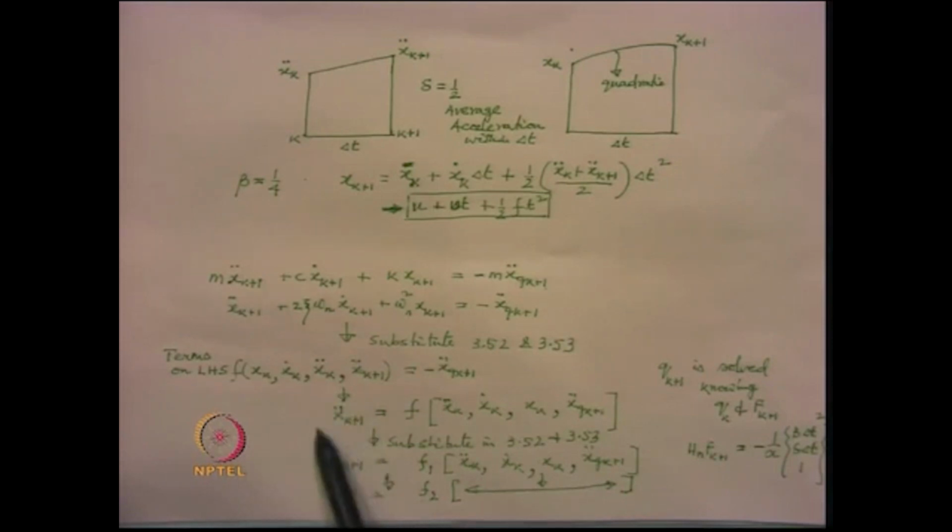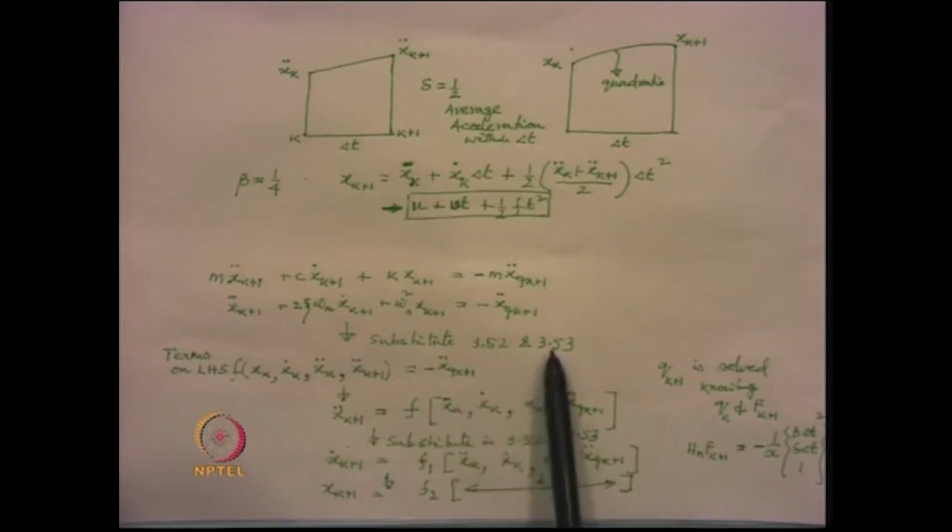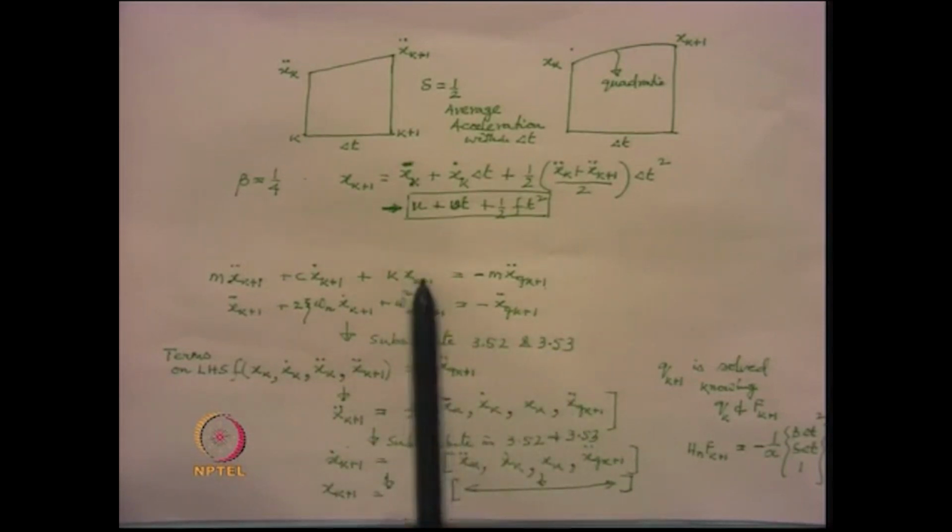And once we get the value of x double dot k plus 1, then this can be substituted into equations 3.52 and 3.53 that I have shown, the two cardinal equations. In those equations, if you substitute for x double dot k plus 1, then you get the values of x dot k plus 1 and x k plus 1.